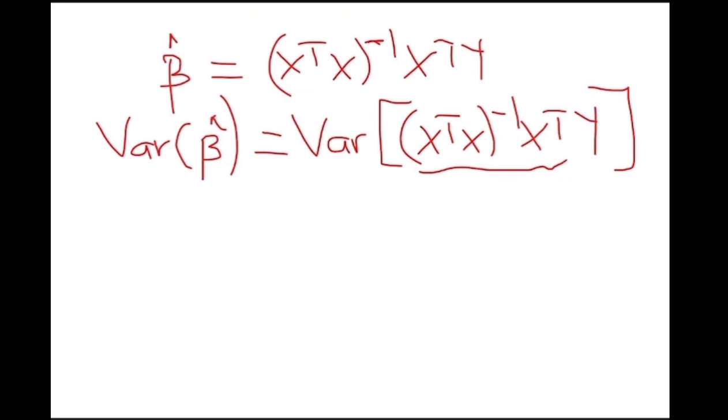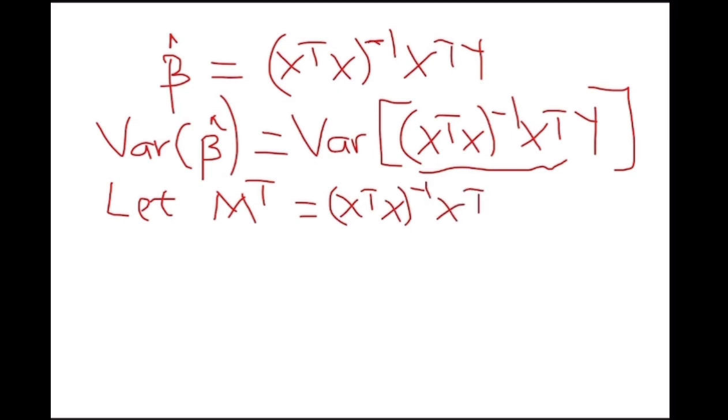Let me call it M transpose, equal to (X transpose X) inverse X transpose. I'm considering M transpose because in the expression, one of the X has a transpose.